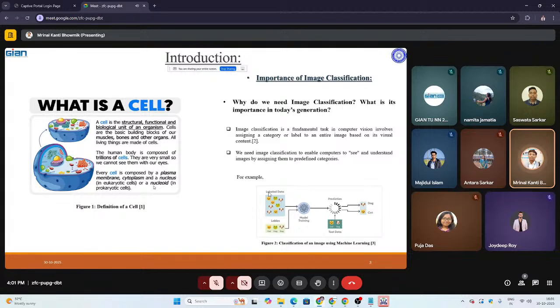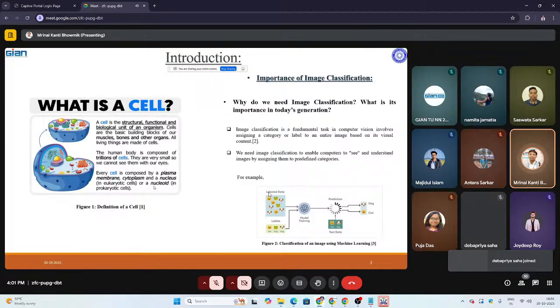I have taken an example here where there are various figures like a cat, dog, and a frog, and we train the model. It is a supervised learning technique where we give the labels as well as the images to the model to train it so that it can classify which one particularly describes which. After training, the model clearly classifies which one is a dog and which is a cat. It is just an image, nothing else. Classification of an image using machine learning.